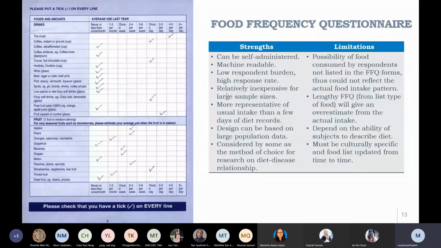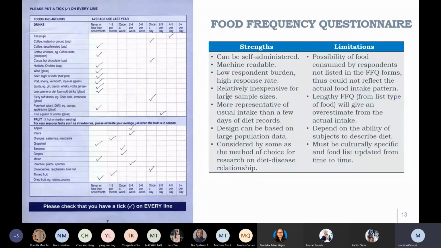Sometimes they eat certain types of kuih, because we have hundreds of kuih, but only the most popular ones will be included in the FFQ. So maybe pulut panggang won't be there, maybe bubur cha-cha won't be there. Because if you list all the foods available in the Malaysian market, it will be thousands of food items. I think you get my point.